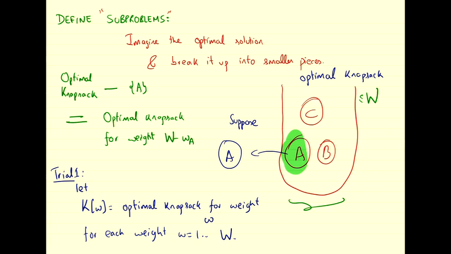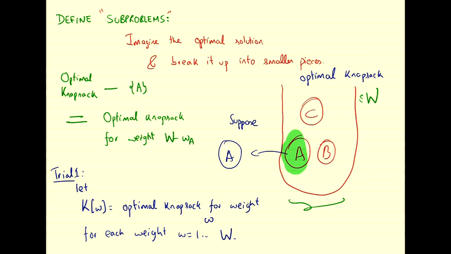So right now I'm just trying to see, if there was a knapsack and if there was some item there, if I took it out, how does the rest of the thing look? Can I say the rest of the thing is a solution to some smaller problem? And what we see is that the rest of the thing seems like a solution to the following smaller problem. You have weight W minus WA, whatever the weight of A was, whatever you took out, and you want to fill it up optimally.